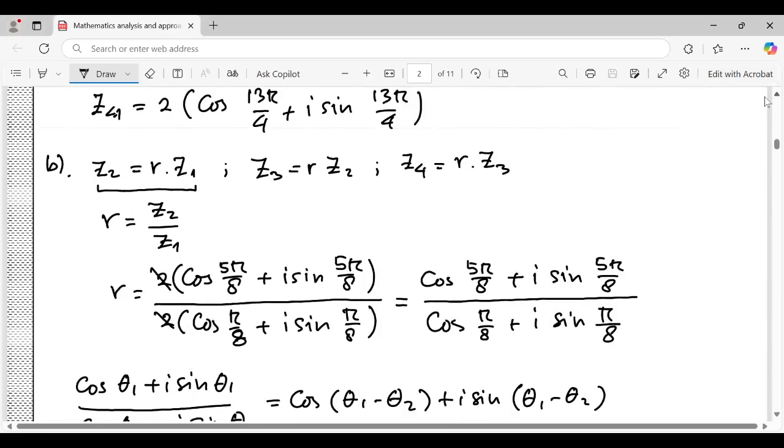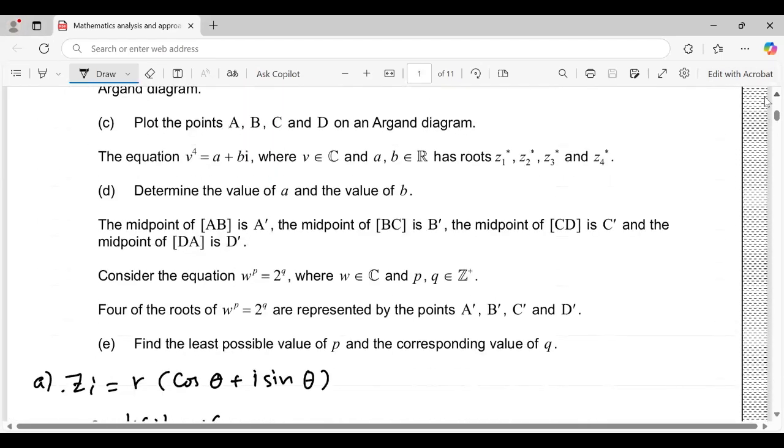Next question. The equation z to the power 4 equals a plus bi, where z is an element of the complex number set, and a, b are elements of the rational numbers, has roots Z1, which is a reflection actually, but I would like to say conjugate: the conjugate of Z1, conjugate of Z2, conjugate of Z3, and conjugate of Z4.